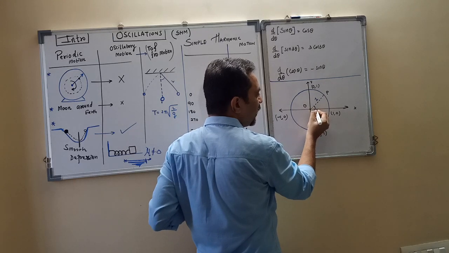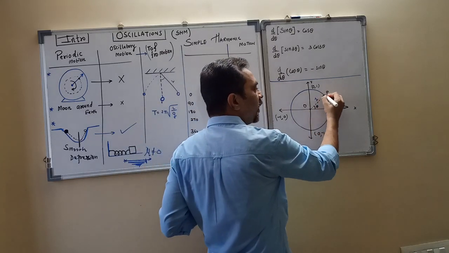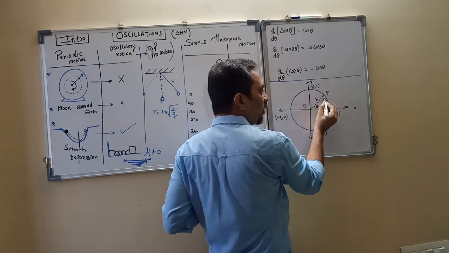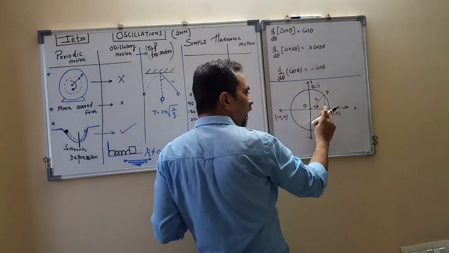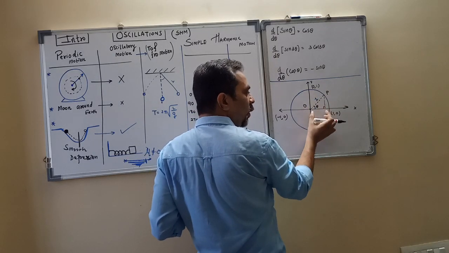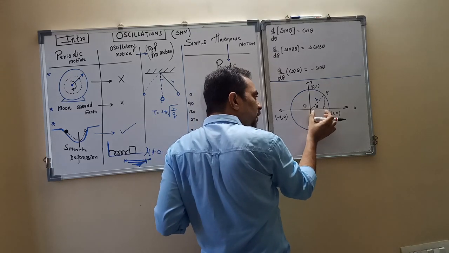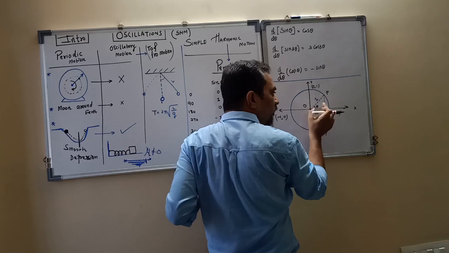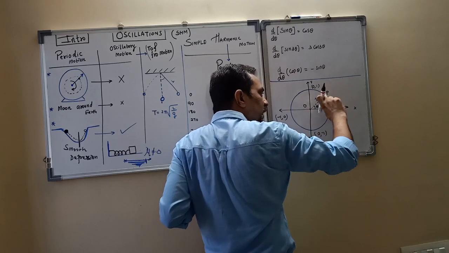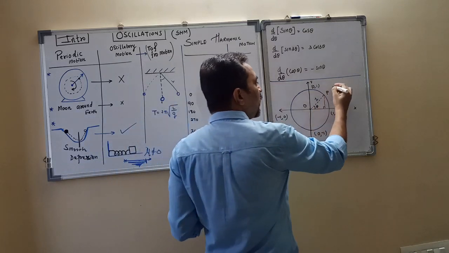Can I say, in this right angle triangle, the adjacent side, will that become the x coordinate? This is the value of the x coordinate from here, and the opposite side, will that become the y coordinate? So what will be the coordinates of this point?